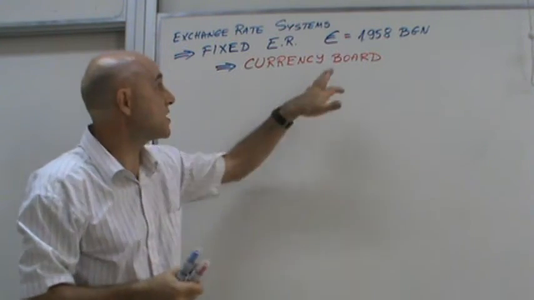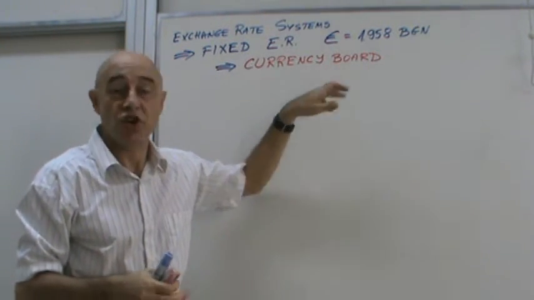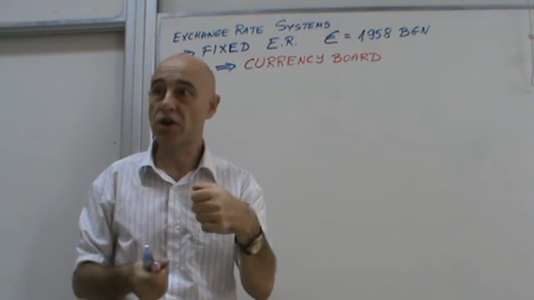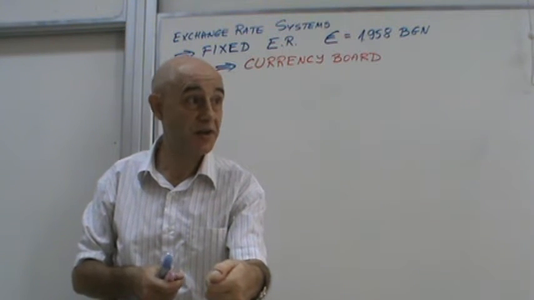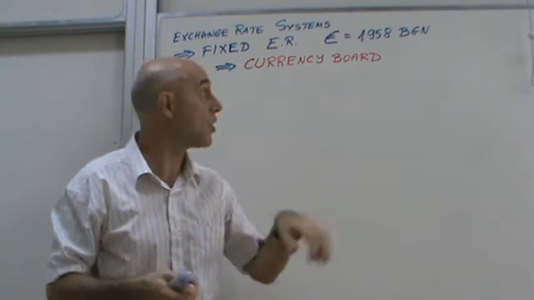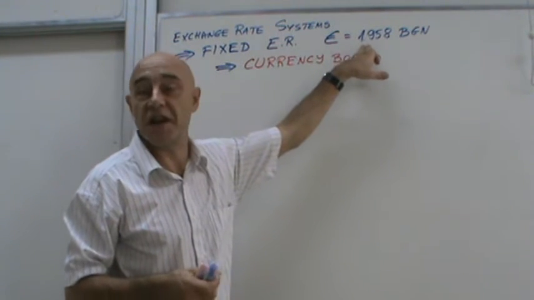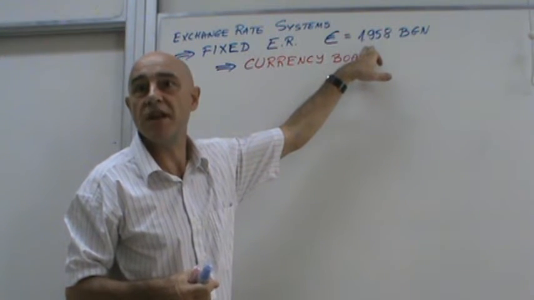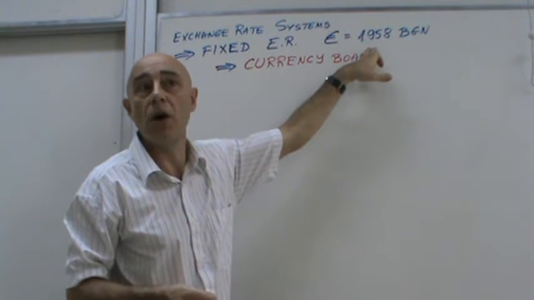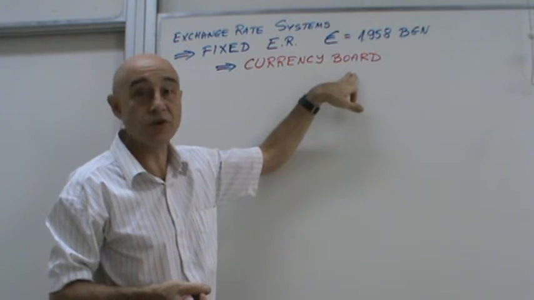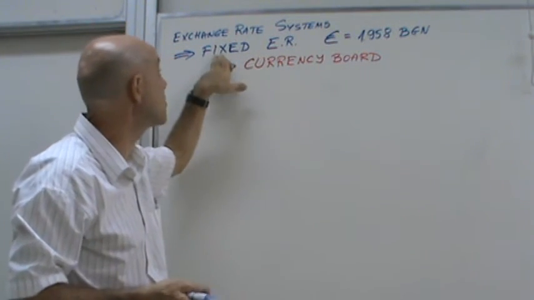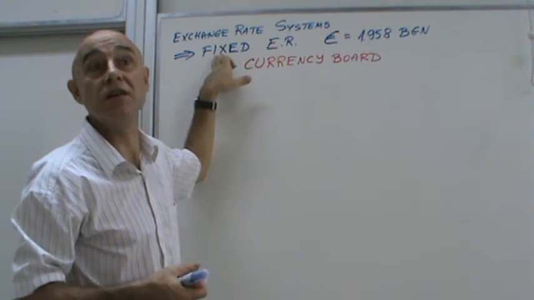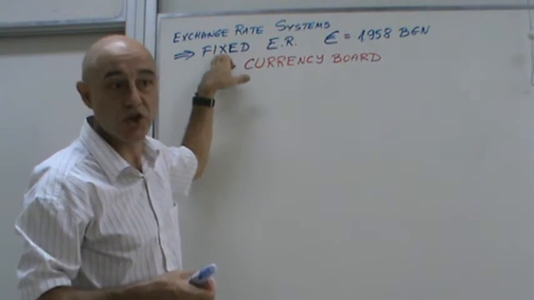A currency board means the central bank exchanges the local currency for a foreign currency, and the foreign currency for the local, at a fixed exchange rate, and it's written in the law. So a currency board is a special type of legal arrangement of a fixed exchange rate.